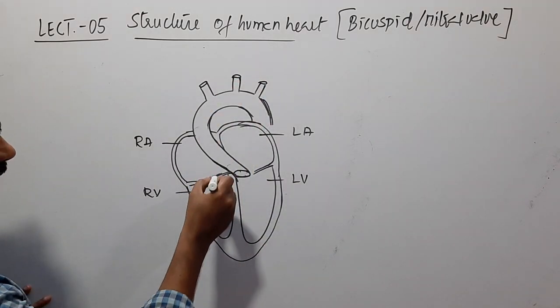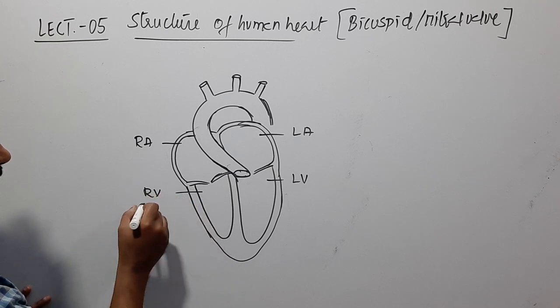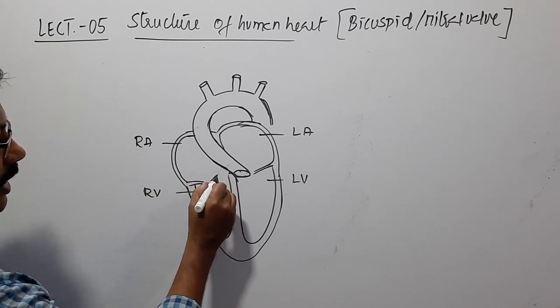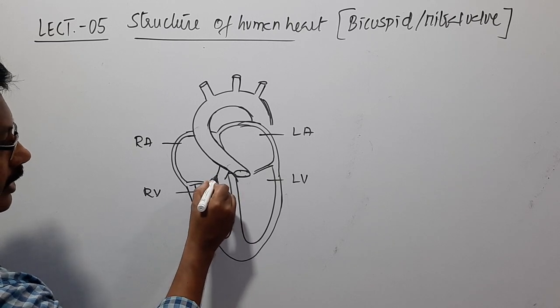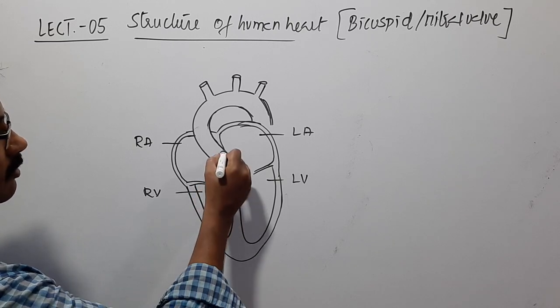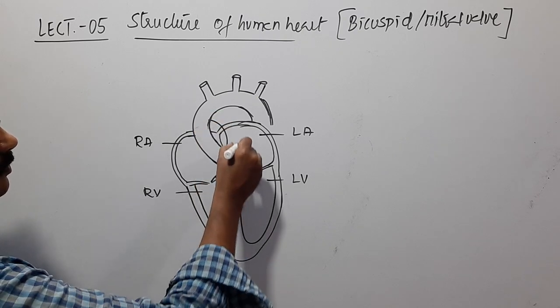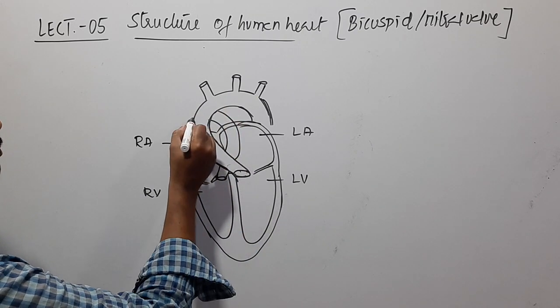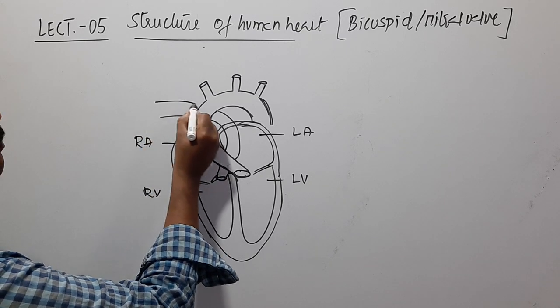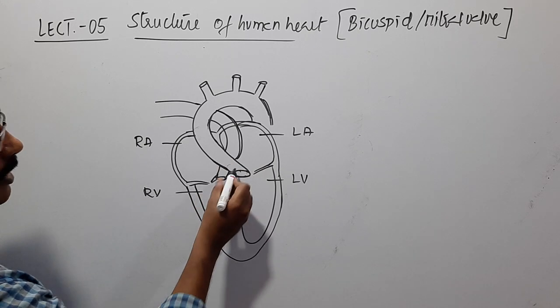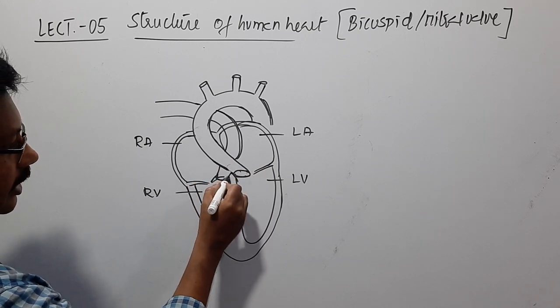Then arising from the right ventricle, from here we have another blood vessel, and this is the pulmonary artery.